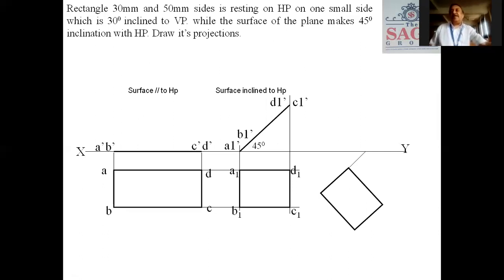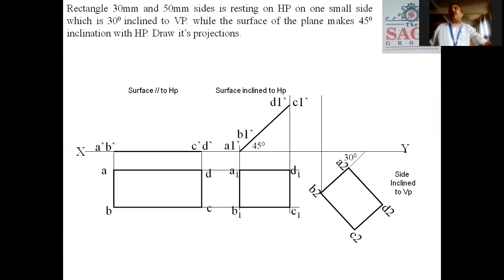So we reconstruct the top view, but in this way that its small side is inclined 30 degrees to VP. Now this is the side inclined to VP. Now we name it A2 B2 C2 D2.